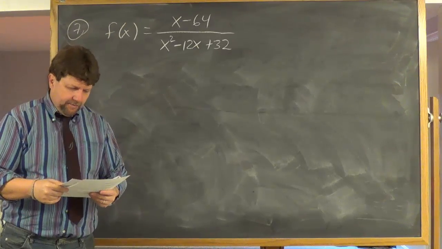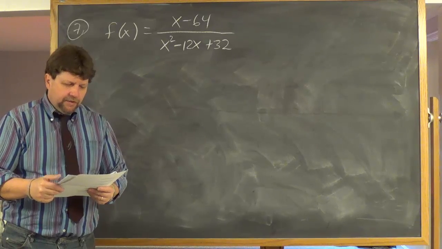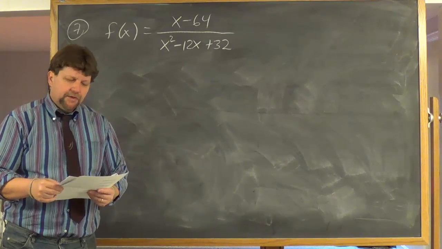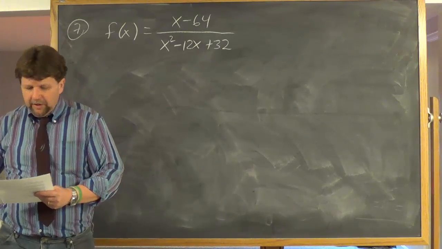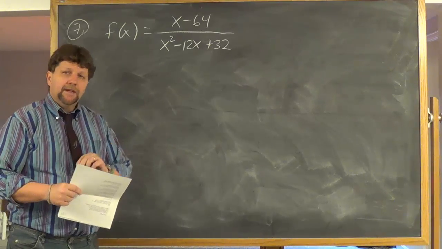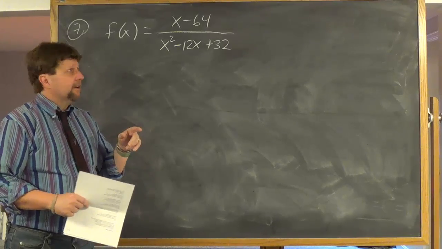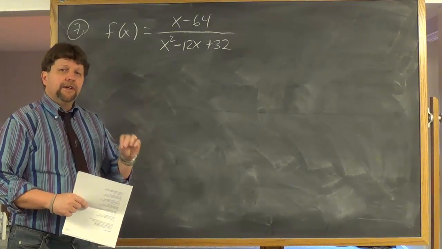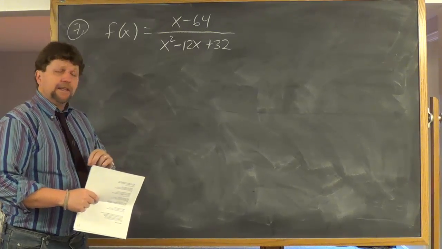All right, folks, here number 7. Gave you this rational function. And I asked you to determine the vertical and horizontal asymptotes for the rational function. The first thing I'll look at real quickly is the horizontal asymptotes. Remember, for the horizontal asymptotes, if the degree of the numerator is less than the degree of the denominator, then the horizontal asymptote is the x-axis.